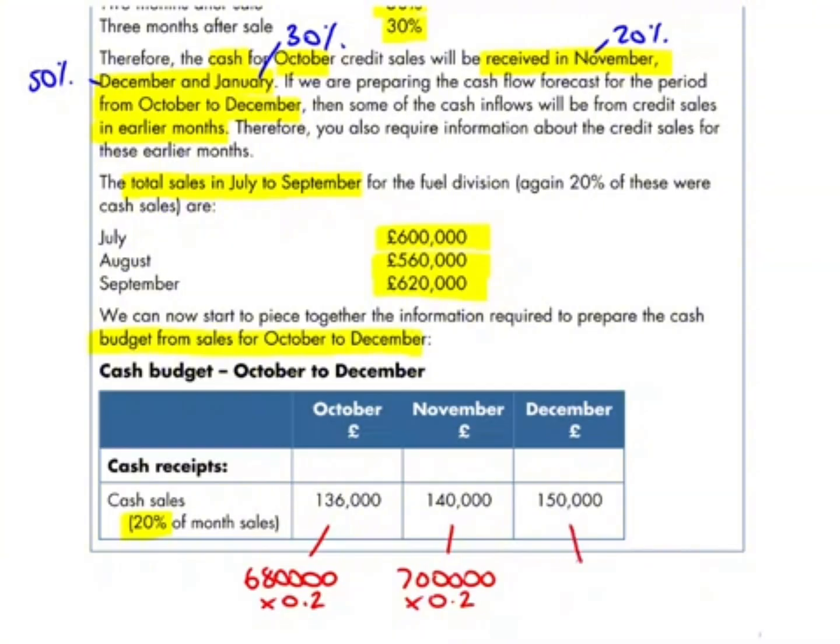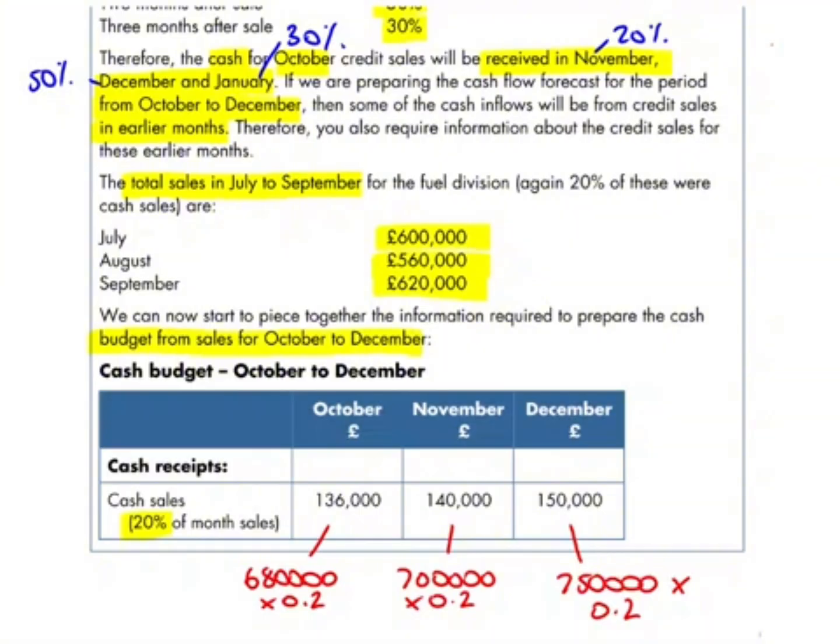And then in December, we would have 750,000, our total sales for the period. Again, 20% of those sales are for cash. So we would receive cash receipts of £150,000 as cash sales from December. But of course, that isn't the whole story.